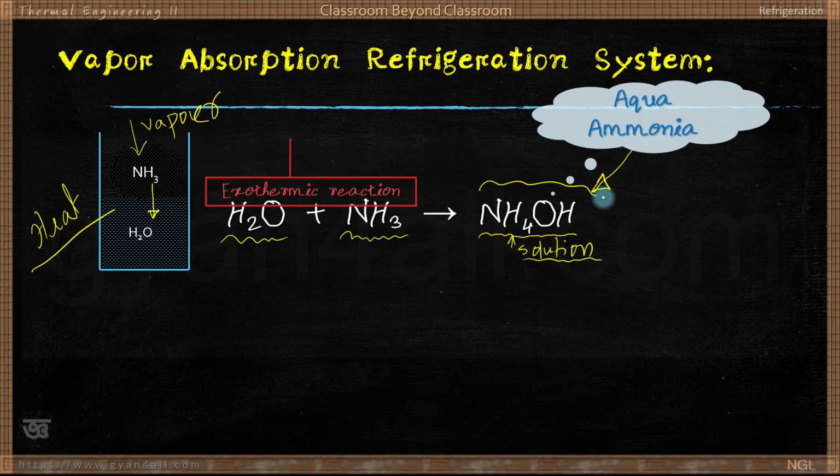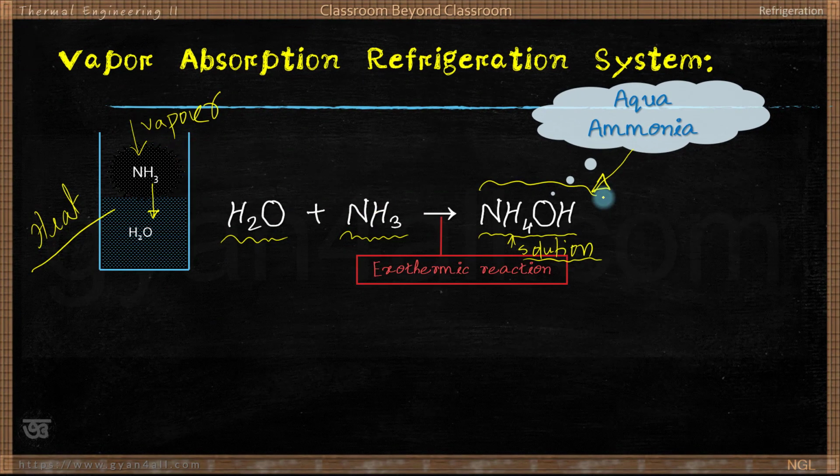Because of the chemical reaction of water and ammonia, we get aqua ammonia, and this reaction is an exothermic reaction. You are already familiar with the term exothermic from chemistry. So what is an exothermic reaction? A chemical reaction in which heat is produced or generated.